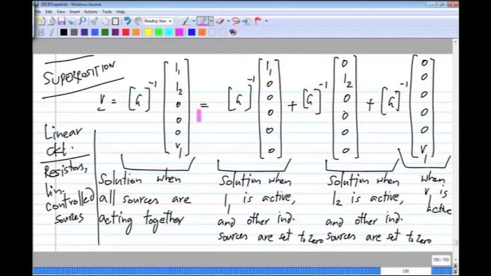I have not shown it. And you see that this basically comes from linearity, right? So if you have these vectors, you can show it as sum of this one and that one and that one. And G inverse times this is G inverse times that plus G inverse times that plus G inverse times that. And you can interpret each of them as solution when only one of the sources is active. Okay. So I hope that clears up all of those things.